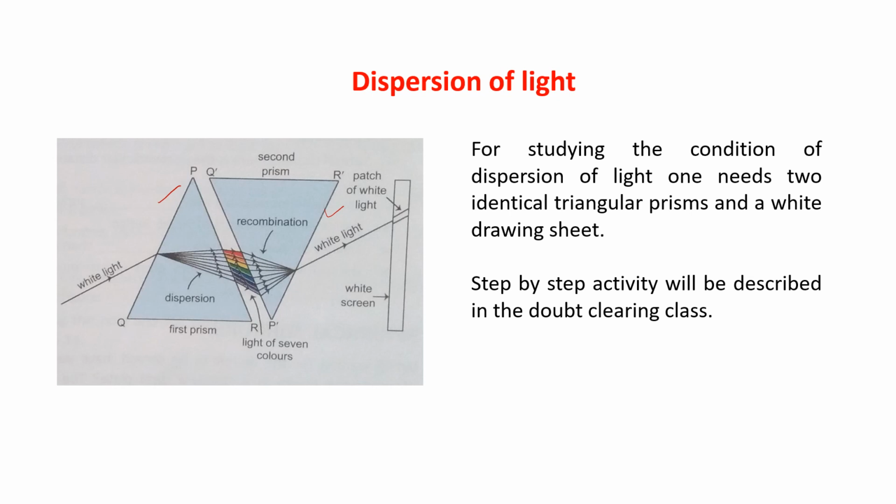Again, when it goes through a just inverted prism, we get white light again. First it is dispersion and then it is recombination. Everything will be discussed in the doubt clearing class.